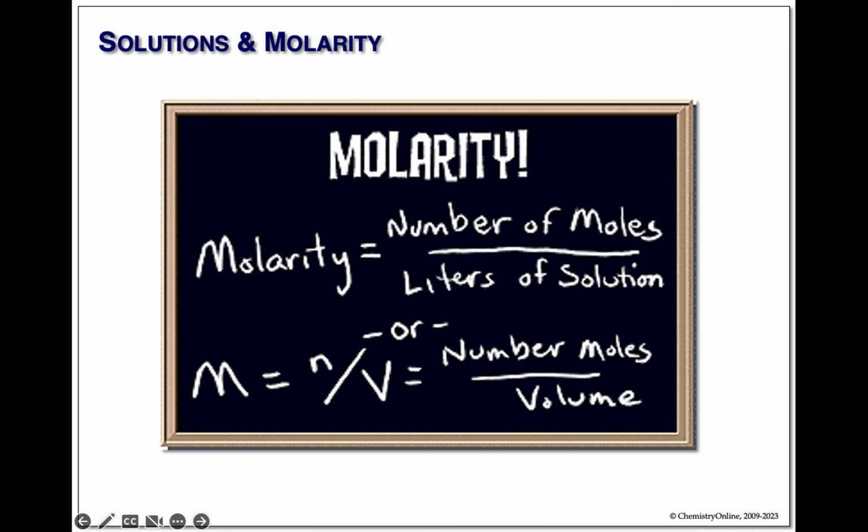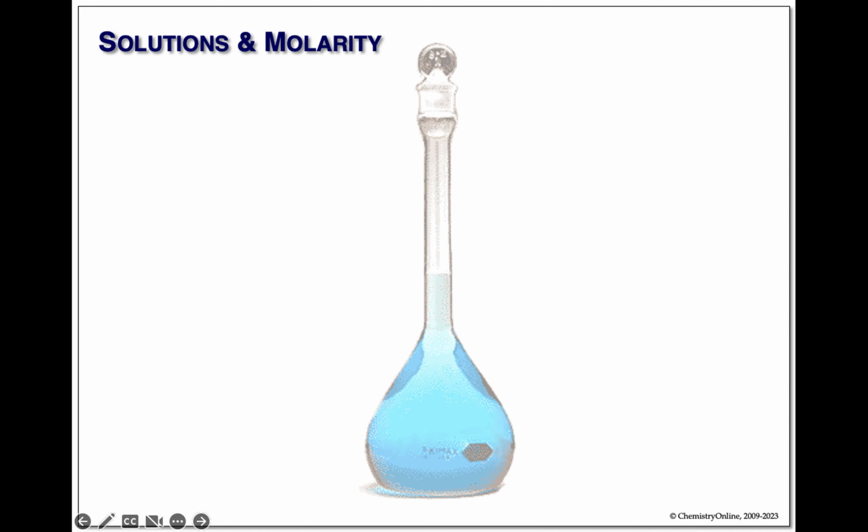Now, in order to measure your volume for something like this, you would use what's known as a volumetric flask. A volumetric flask has a little line etched right here. And when you fill this flask right up to that line, you are exactly at, in this case, 1 liter.